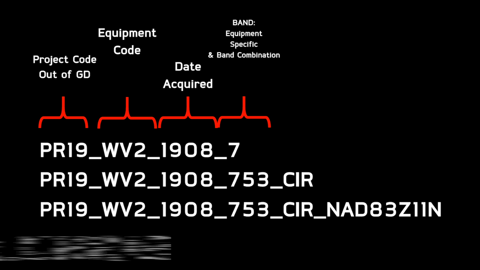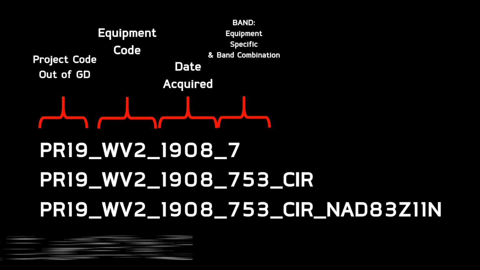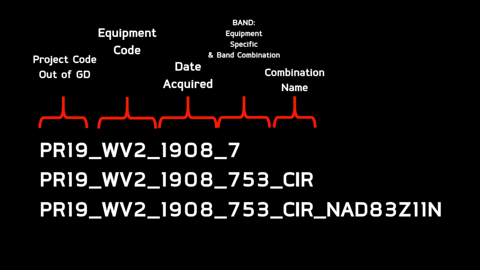This shows that we're using band 7, 5, and 3. Again, equipment specific for Worldview 2. This creates a color infrared, and this is the band combination name. I do this just so I can visually separate 753 from 751 or 762, whatever. At the end, you know what it is.